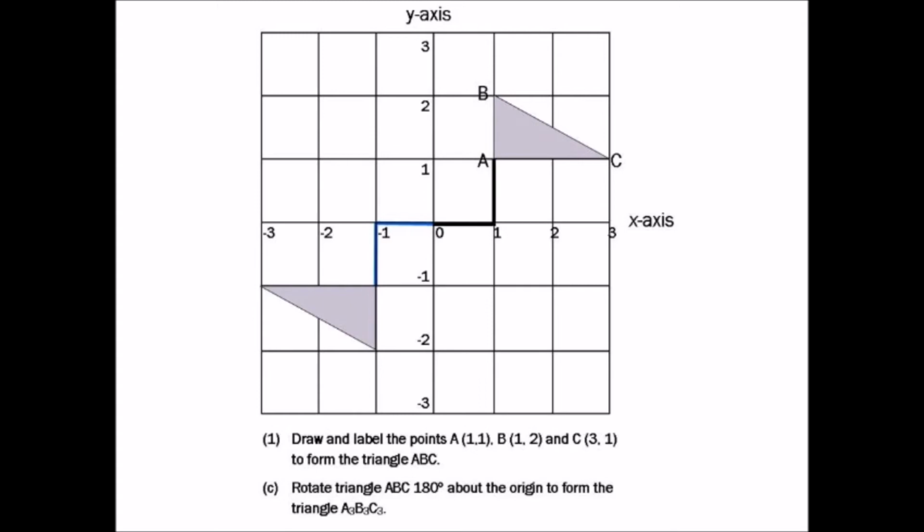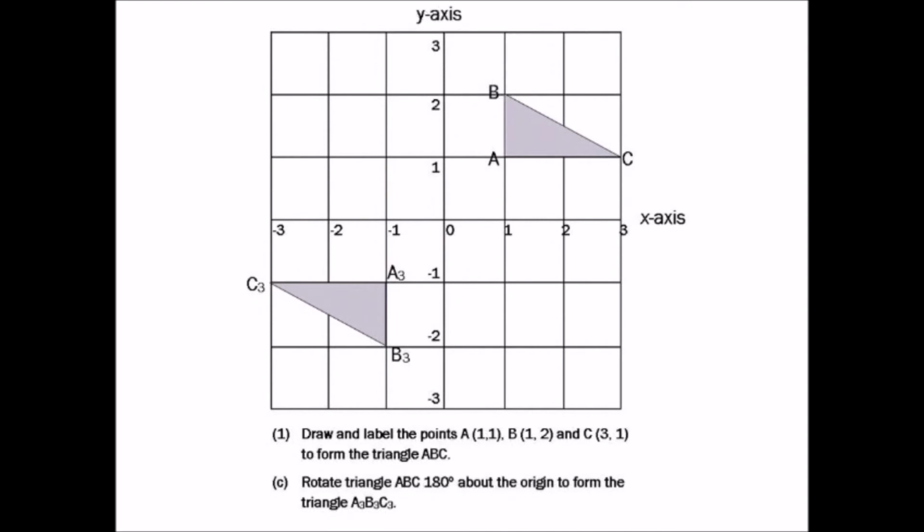Now just match the letters. If you turn the paper 180 at the beginning, it doesn't matter if you go left with it or right with it. Once you turn it 180, then match up the letters. So you match A to A3, B to B3, and C to C3. And that would give you the image when you rotated triangle ABC 180 degrees about the origin.